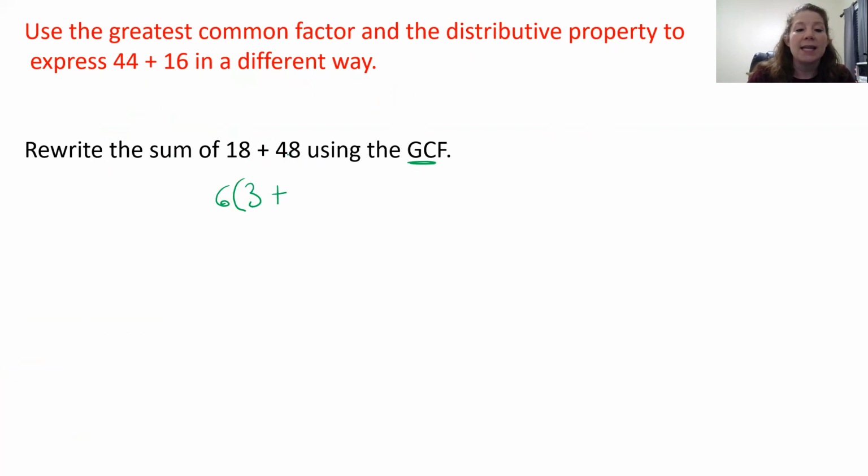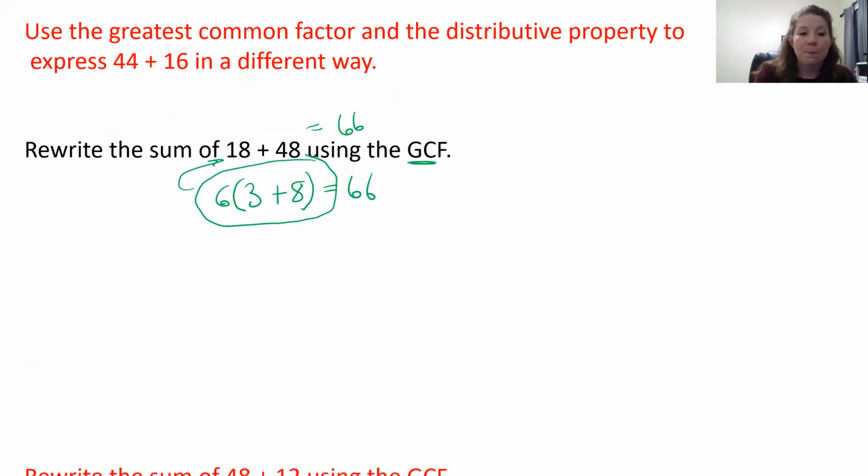And then 48 divided by 6 is 8, right? If I added these two numbers up, I would get 66. Well, 8 plus 3 is 11, and is 11 times 6 also 66? So we have rewritten it. It's still equivalent, but we've written it using the greatest common factor.